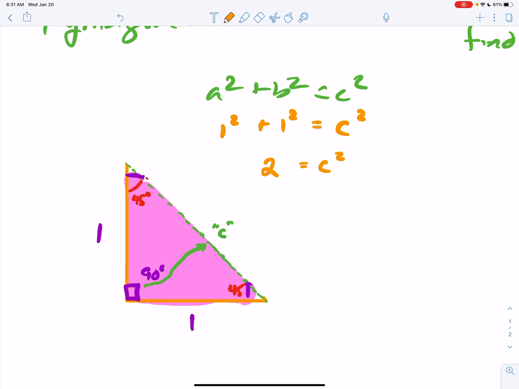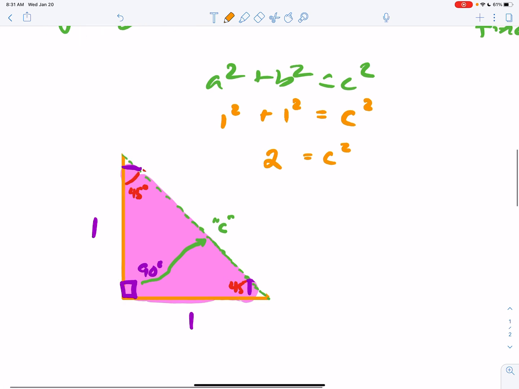Now that I have the square by itself, I can isolate it by performing the inverse operation. So this tells me that c comes out to radical 2. I'm going to put a radical 2 here.